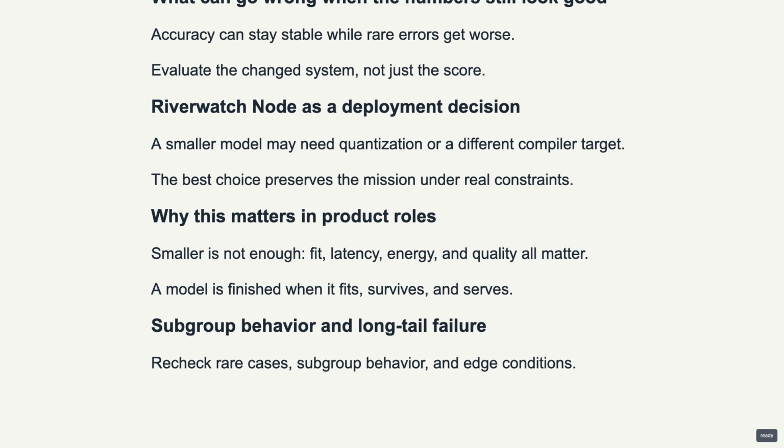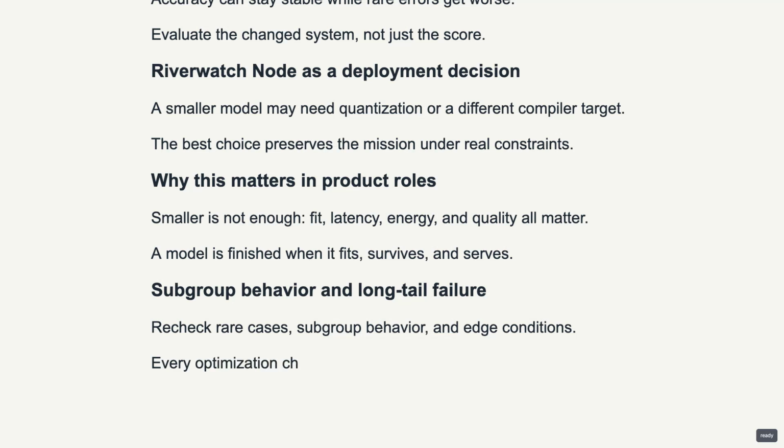If those cases matter to the mission, a small compression gain may hide a serious loss of reliability. Optimization is not automatically dangerous, but it always changes the risk profile. The job is to measure that change honestly before the model goes into the field.